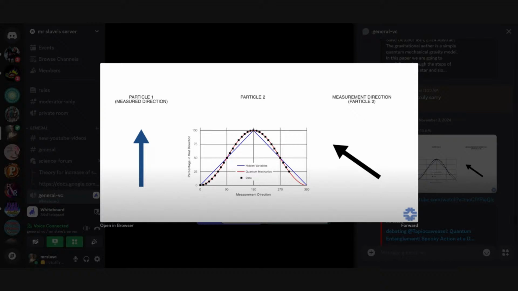Whatever they did, their whole claim to fame is that it only works because particle A communes through the infinite vastness of space instantaneously with particle B. That's the only reason they got the plot, the only way to get the red line in the plot that we're looking at.